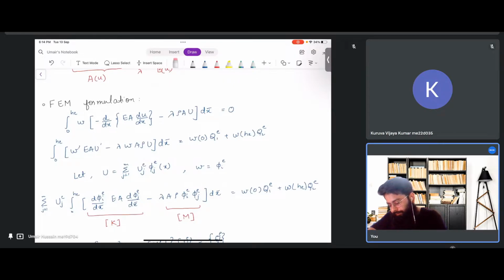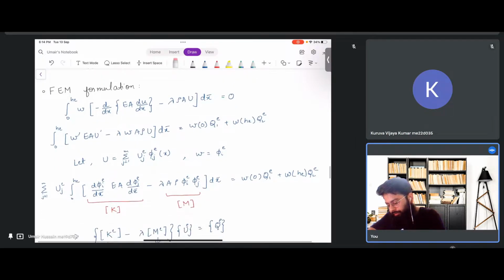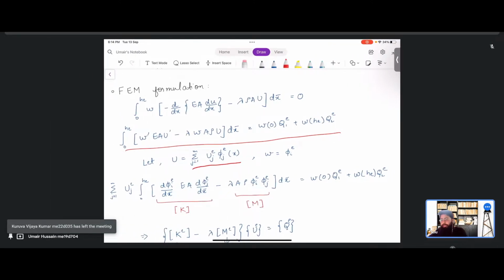So we can express this equation here in its weak form. We assume the solution as an interpolation of certain shape functions, and then we can have some other shape function for the weight function.